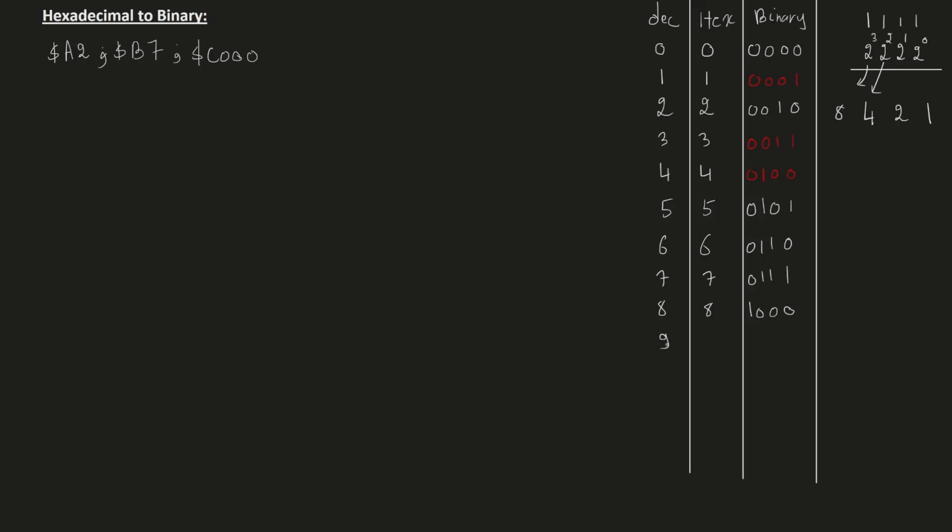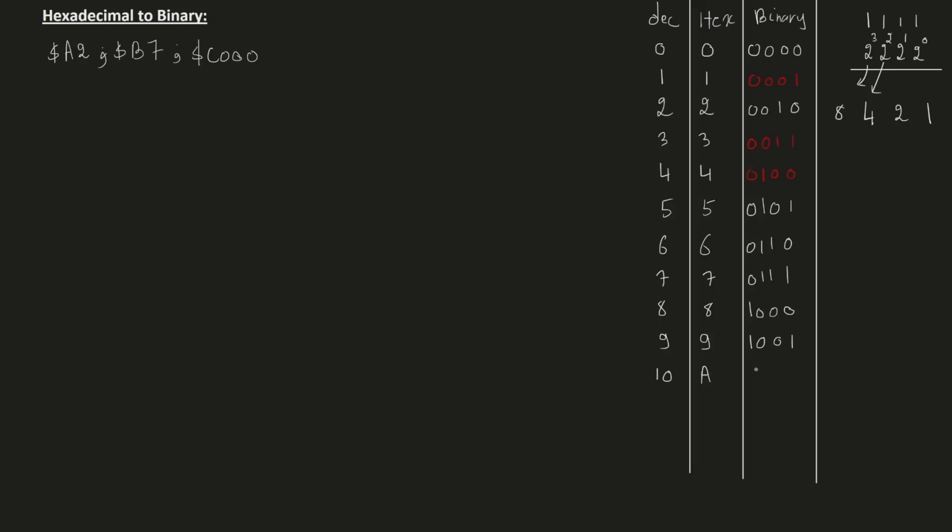9 in decimal is 9 in hex. And then in binary, to make 9, we need these two bits to be 1. 8 plus 1 is 9. So that means 1, 0, 0, 1. 10 in decimal is letter A in hexadecimal.